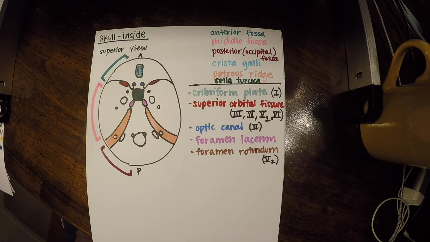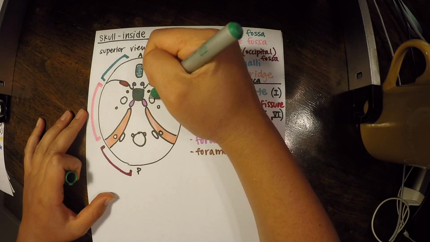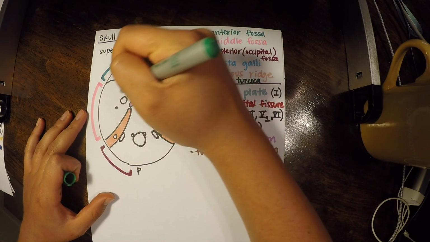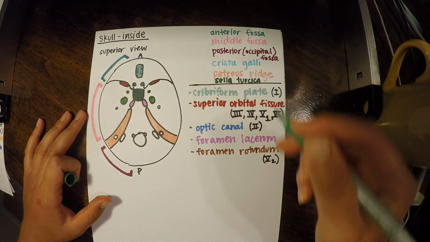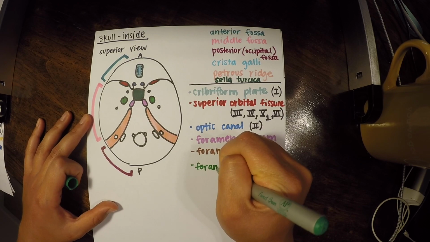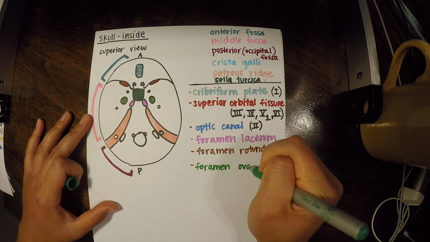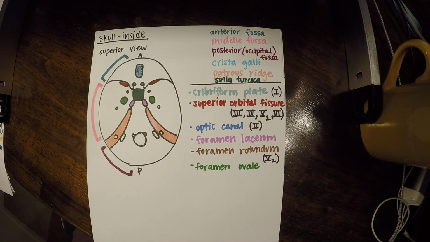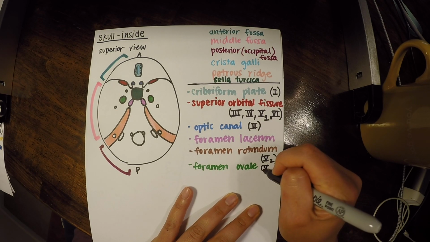The next one is foramen ovale. Foramen ovale is the larger foramen right here in the middle fossa. And that is going to have the third branch of cranial nerve 5.